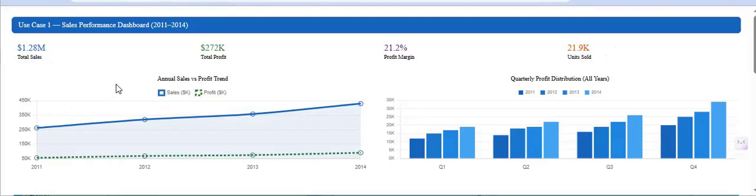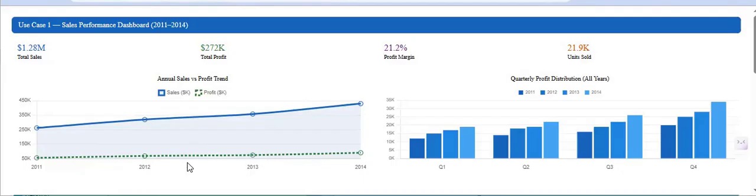Now, step two is reading this line chart. How to interpret this line chart. Let's understand this. Look at this solid blue line. This solid blue line represents the sales. And this green dotted line represents the profit.